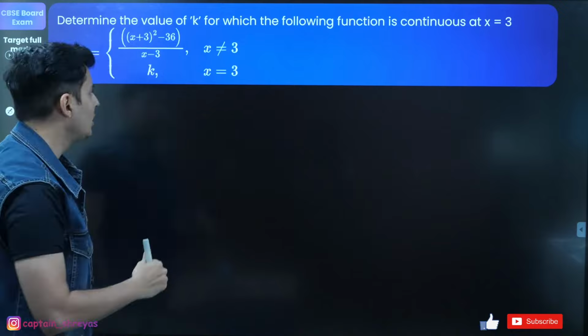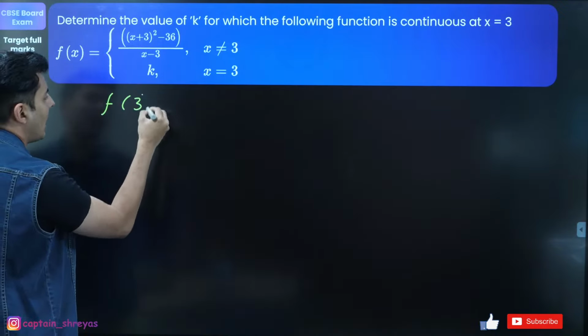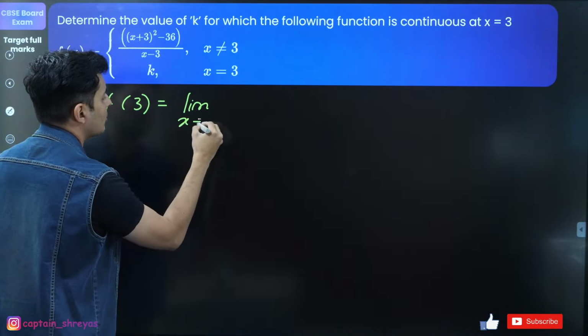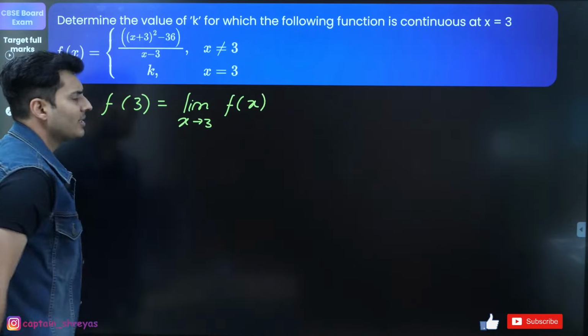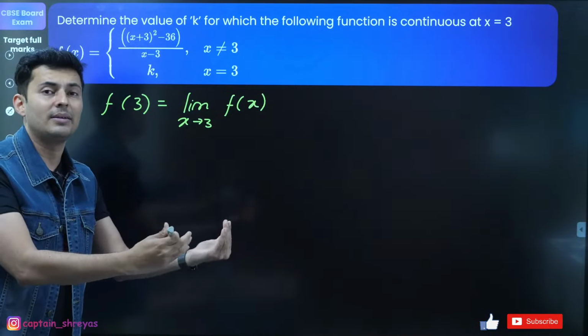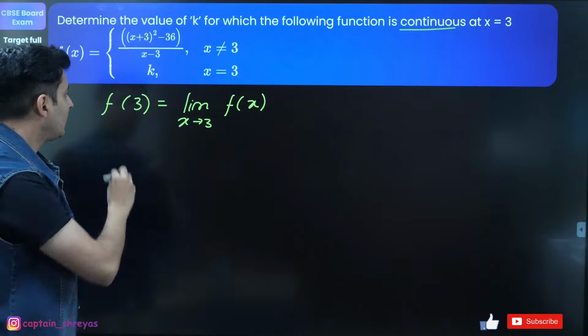Only then there is continuity. So over here I can just say, because it is continuous, f of 3 will be limit x tends to 3 of f of x. See if this makes sense. Because it is continuous, this is just by the definition of continuity. Agreed, guys? Okay. So let's try to solve this.